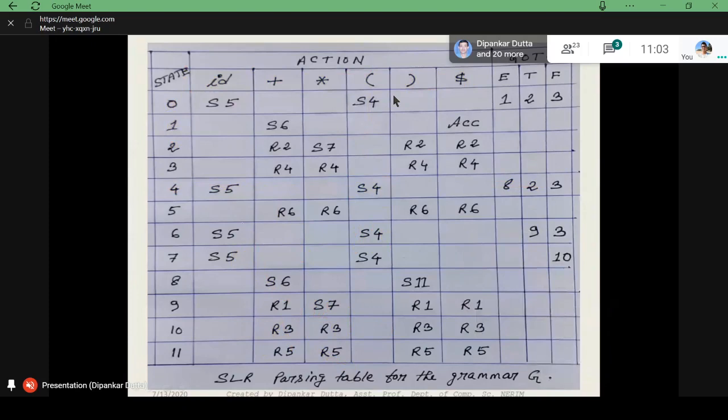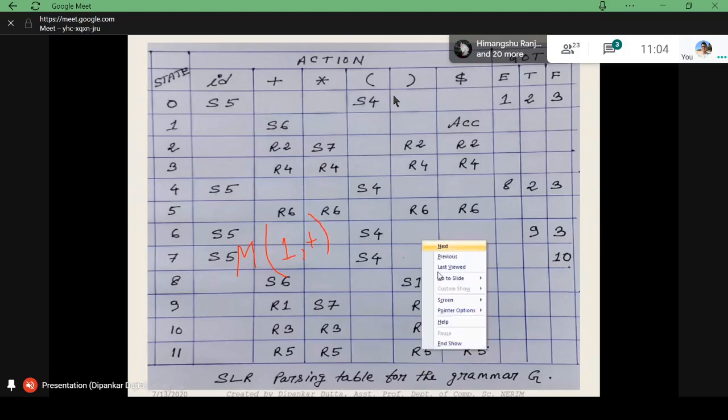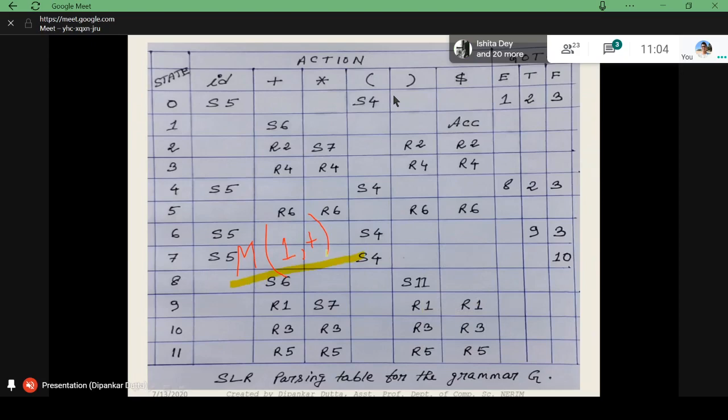Similarly, if we write capital M 1, comma, plus, which particular position will be specified? M1 plus means this one.